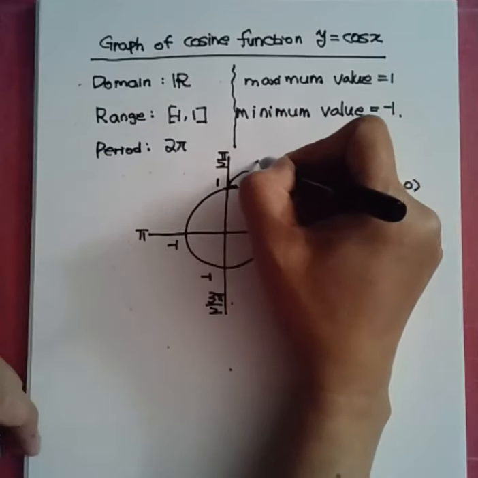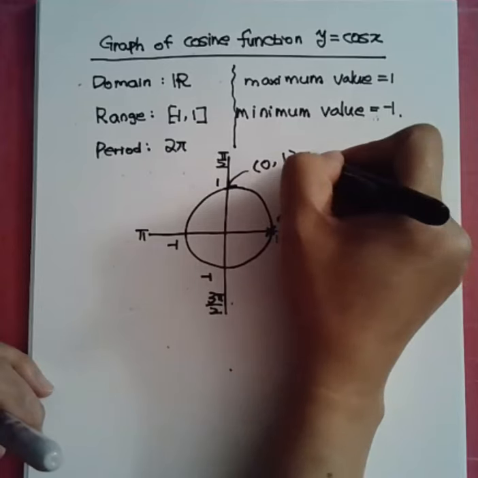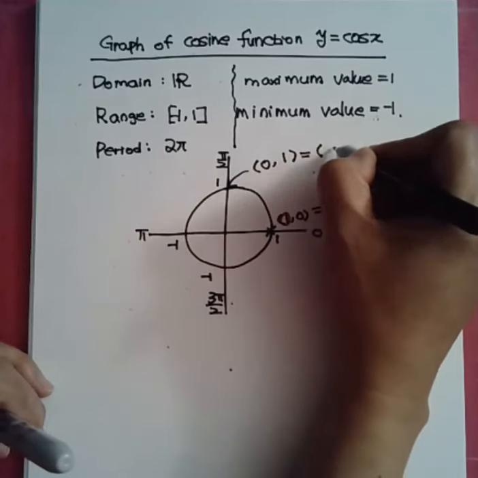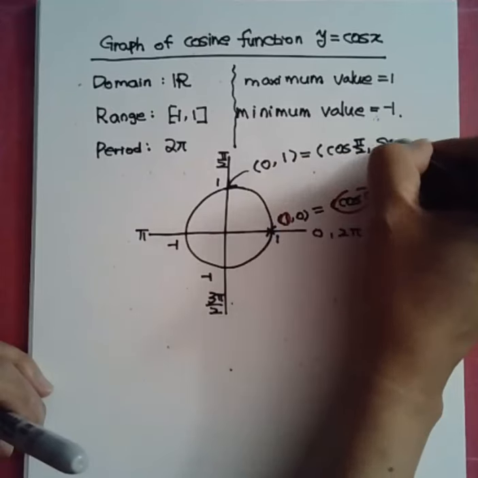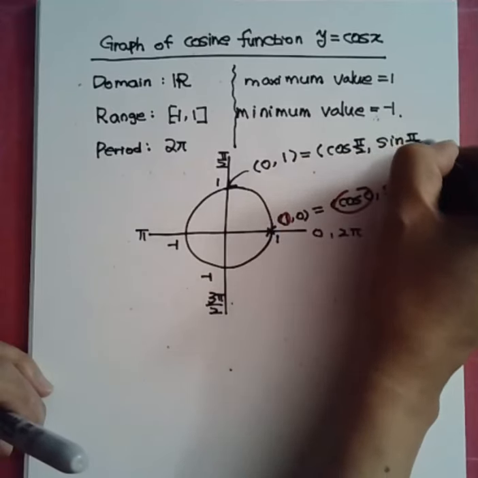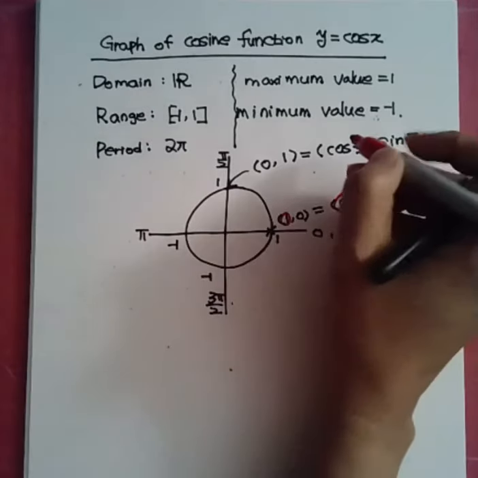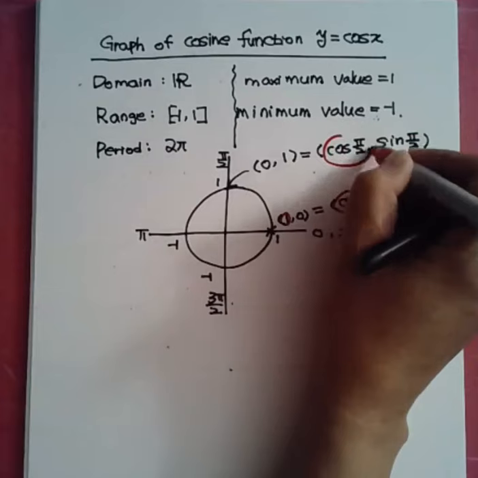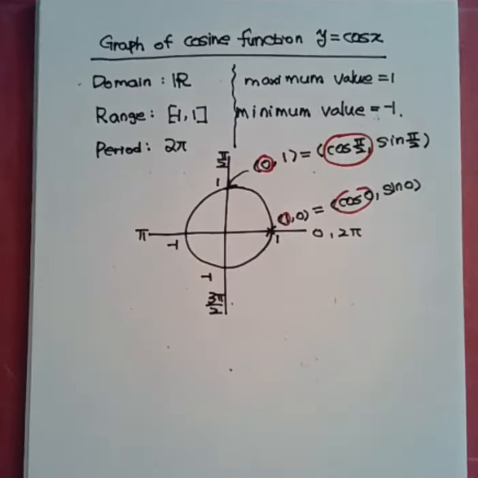This point coordinate is 0 and 1. That can be interpreted as cosine of pi over 2 and sine of pi over 2. So we can say that the cosine value at pi over 2 is 0.